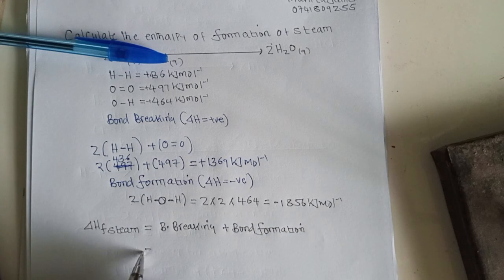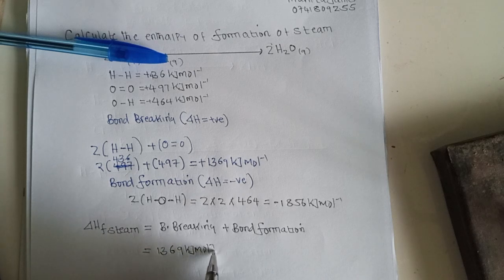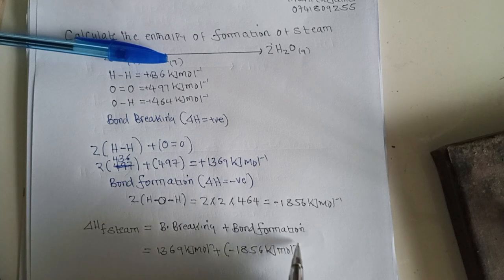So bond breaking, we have 1369 kilojoules per mole, then plus negative 1856 kilojoules per mole.